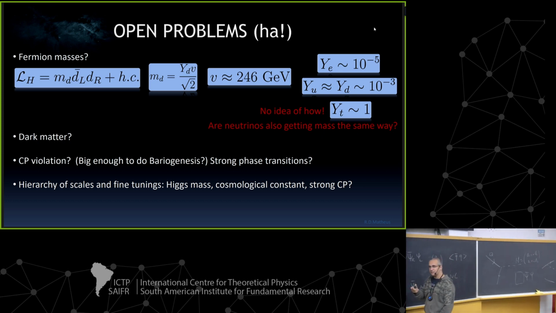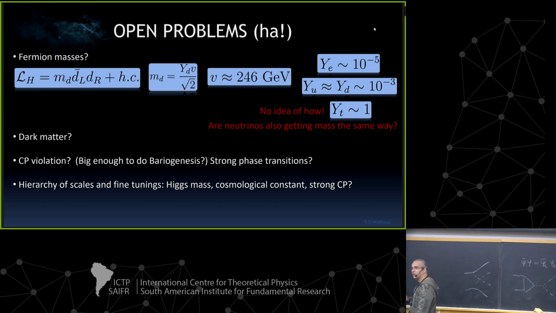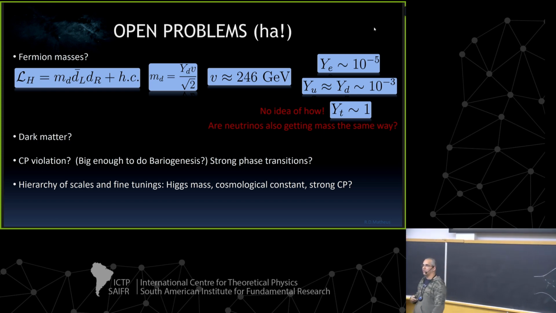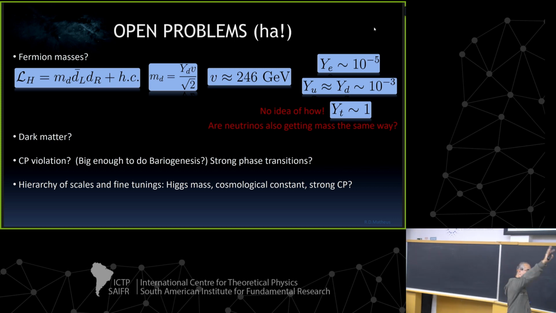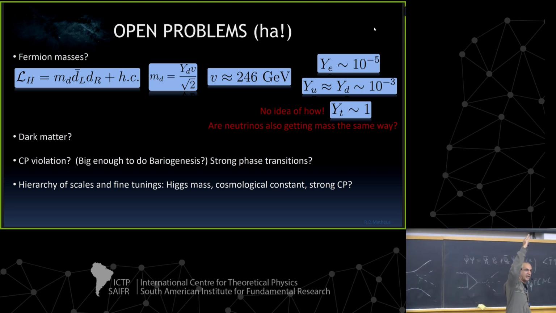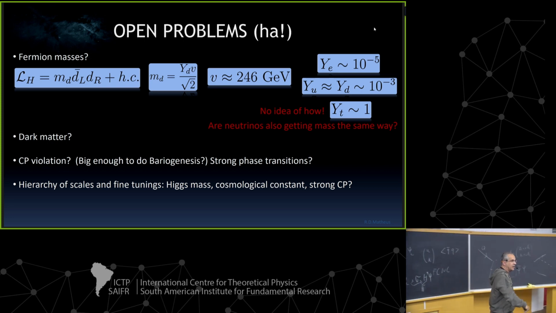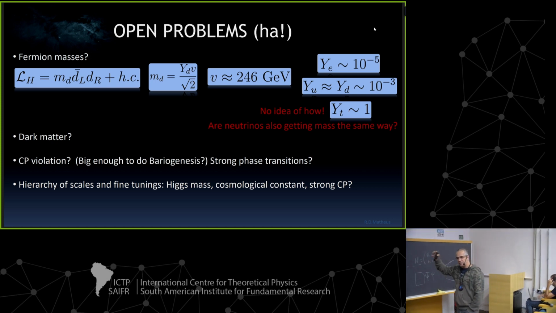And some numbers which are not protected by any symmetry of the model change a lot. One of them is the mass of the Higgs. So if you believe that the standard model is valid up to very high scales, I don't know, the grand unification scale, 10 to the 15 GeV, or the Planck scale, then the mass of the Higgs should be around there.